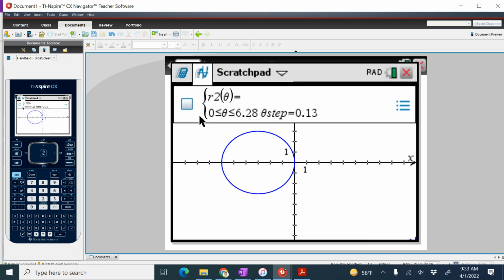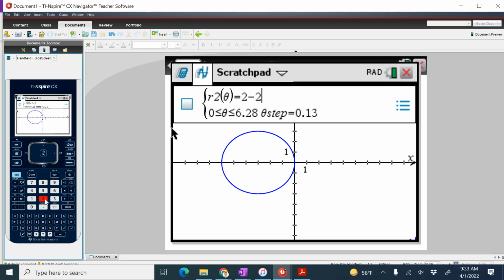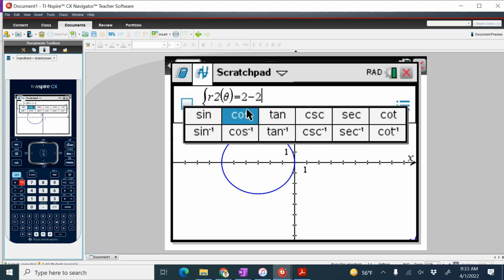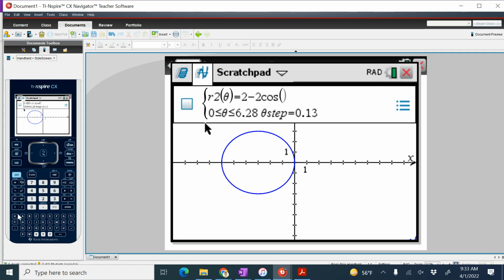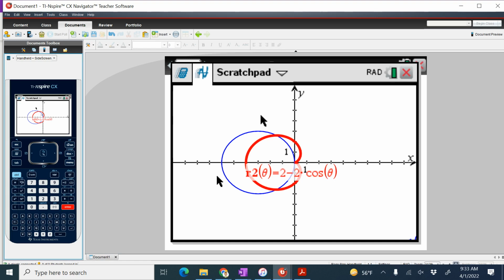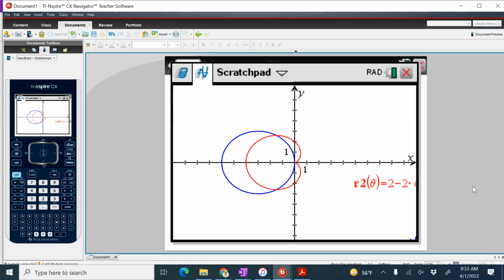And then my second one, 2 minus 2 cosine theta. All right. Give you a couple more seconds there, and then I'm going to go back to my calculator page.